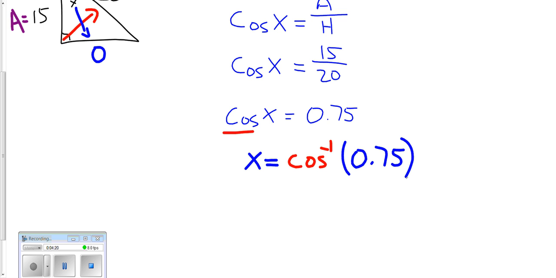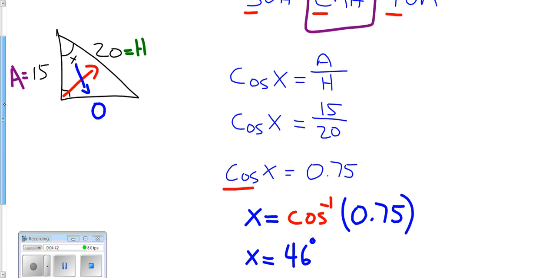Okay, so my final value, if I put in inverse cos 0.75, that spits out for me 46 degrees. Okay, so that is one example of how to solve for an unknown angle.